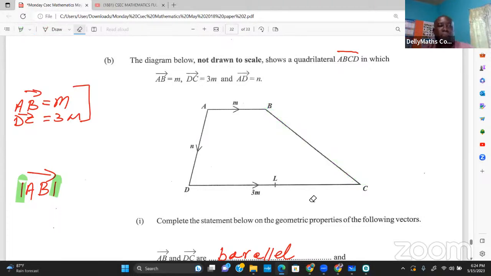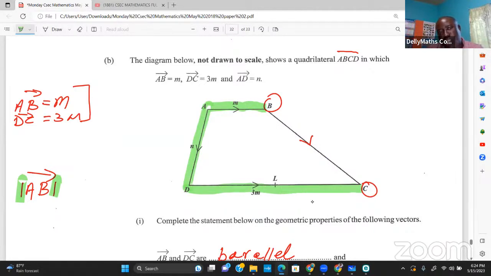When you get the vector, you're going to have to look for a way that you could move from B and end up at C. You will agree that you're going to have to travel this way. You're going to travel B to A, A to D, and then D to C. So I want us to embrace that. We're going to travel that direction.